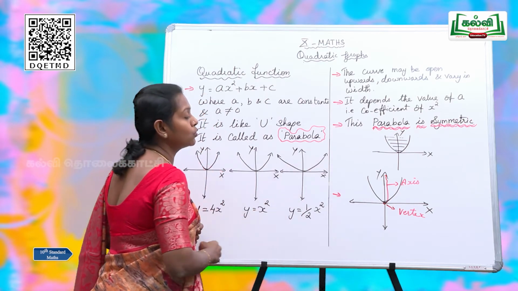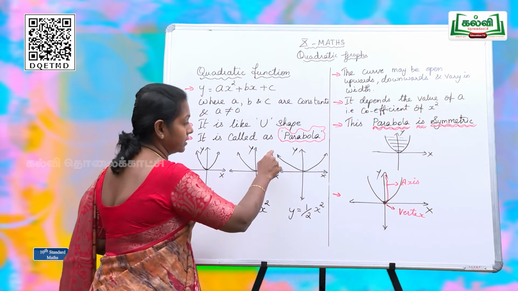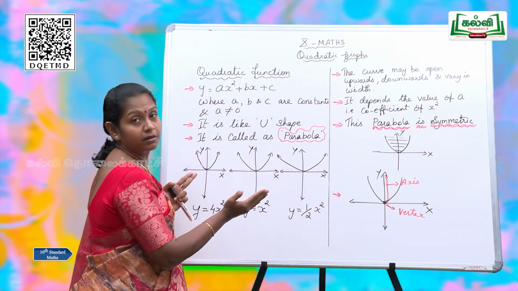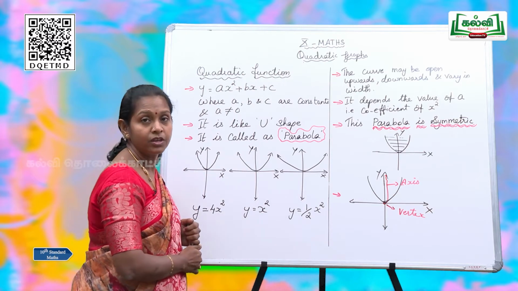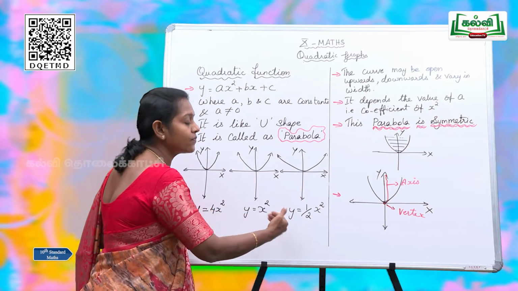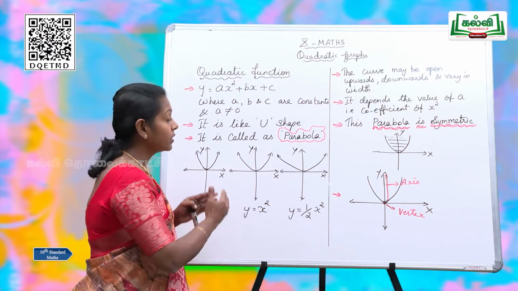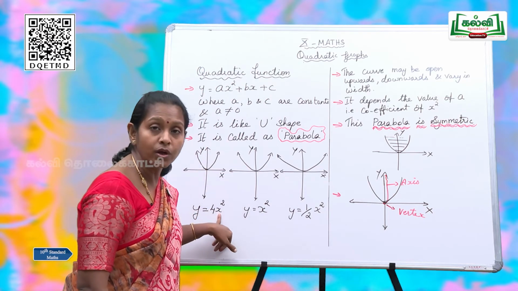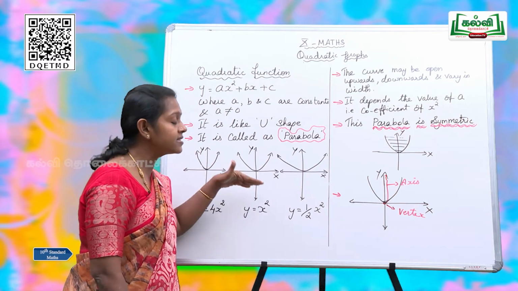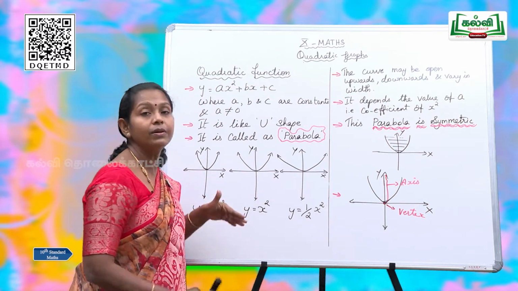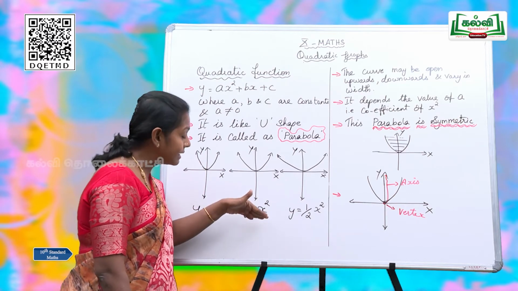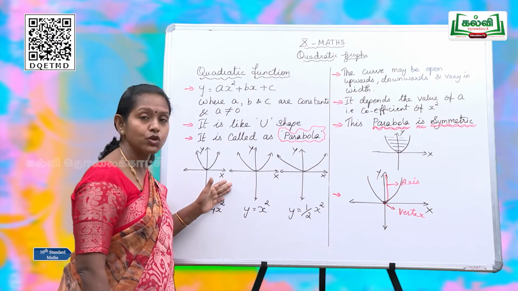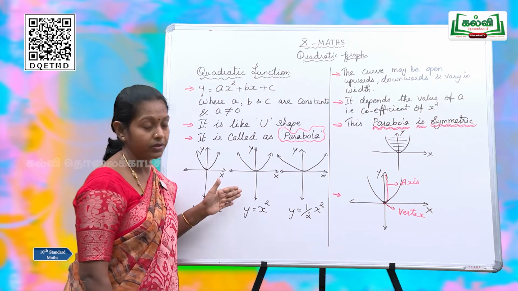If you plot all those points on the graph, the parabolic curve will be wider than this graph. So when the coefficient of x squared is decreasing, the curve will be wider and wider. That means when the coefficient of x squared is lesser and lesser, the curve will be wider. When it is greater and greater, it will be narrower. This is what the nature of parabolic curve, right?